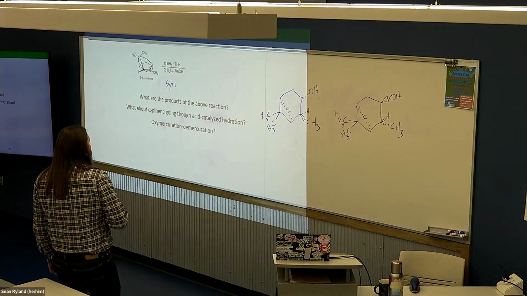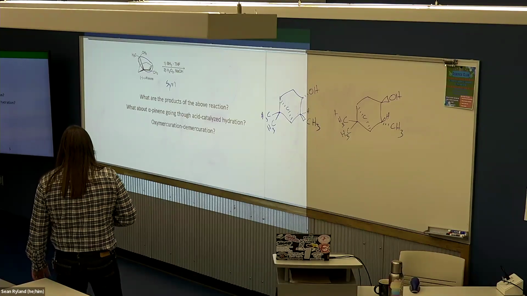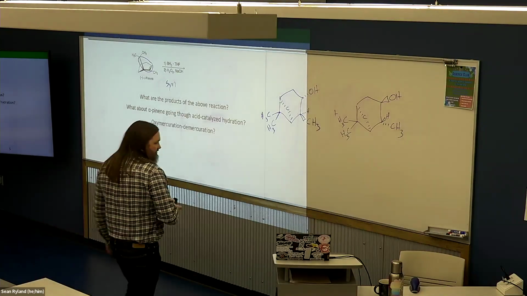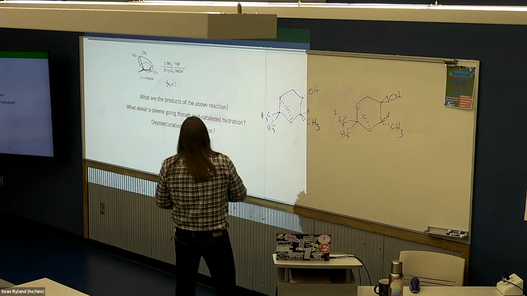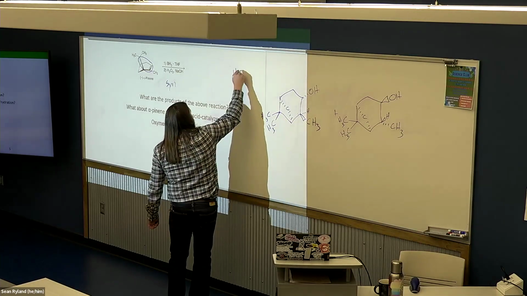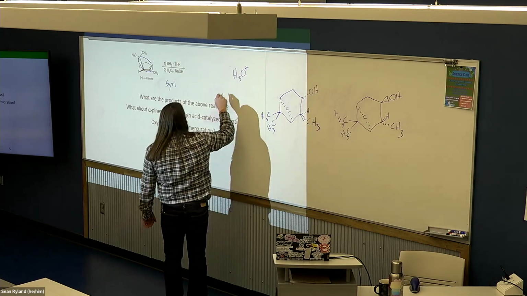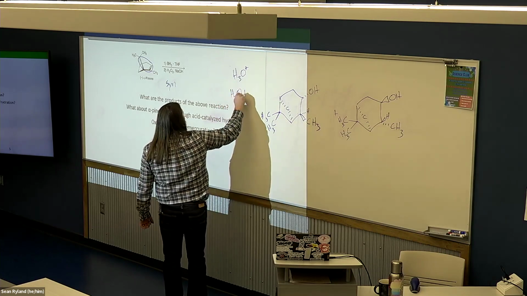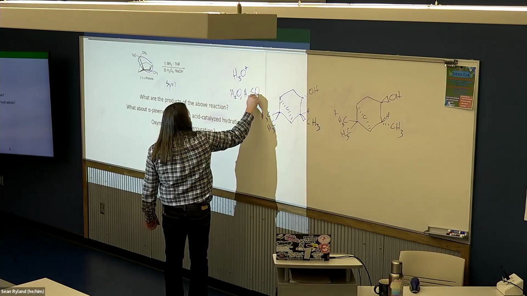And how do you know if it's acid catalyzed? If it just says either H3O plus as your reactant, or if it says H2O, H2SO4.